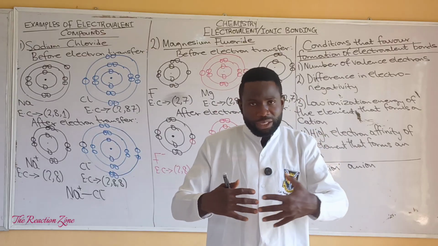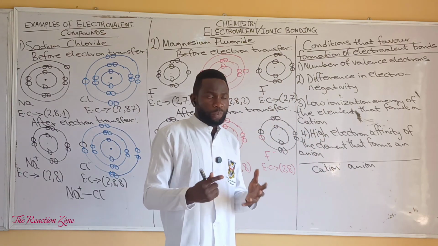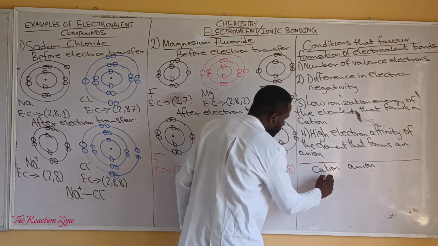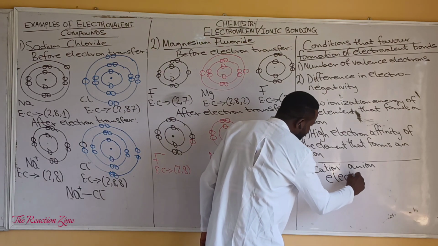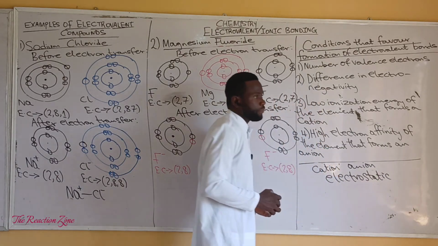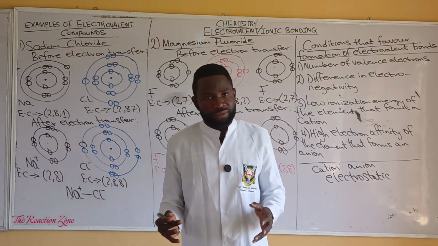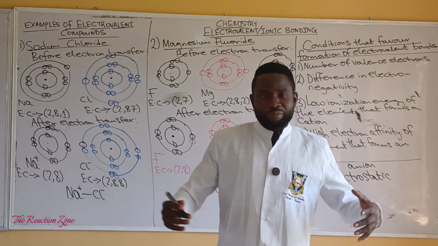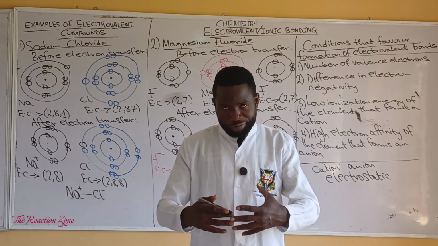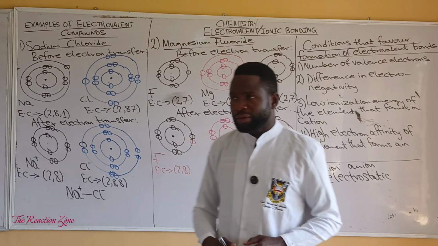these oppositely charged ions. This force of attraction between these oppositely charged ions is called electrostatic force of attraction. The electrostatic force of attraction between the cation and the anion brings them close enough and forms a bond between them.